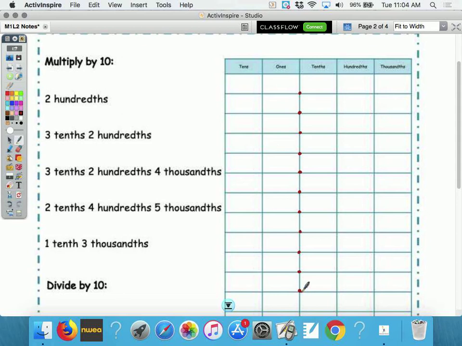Okay, to start out, we'll put a 2 in the hundredths place. Okay, a 2 in the hundredths place. And what do I need to fill in with here? Zeros. Okay, so now I know how to write 2 hundredths in standard form. It's 0.02. And we're multiplying by 10.